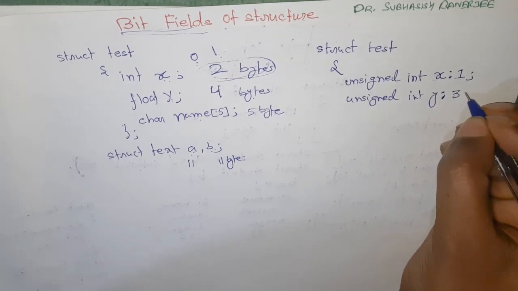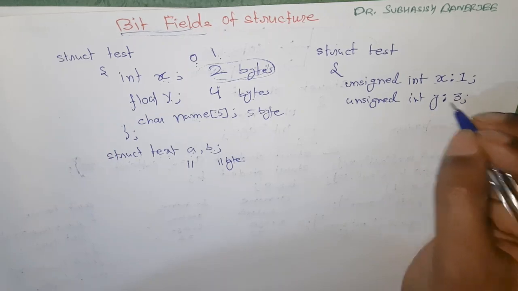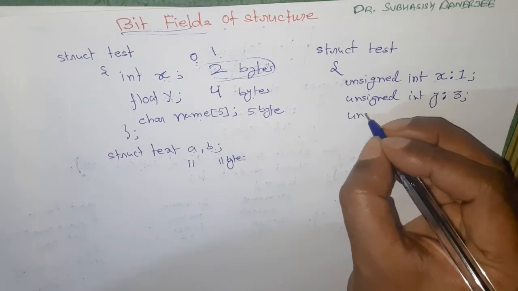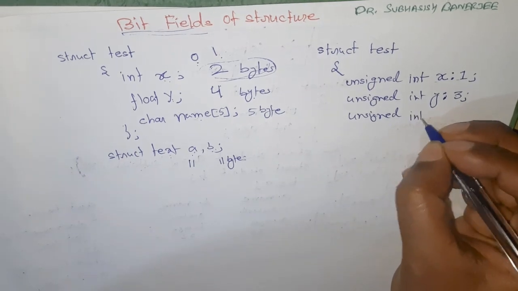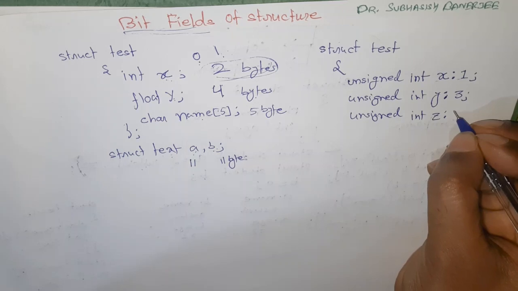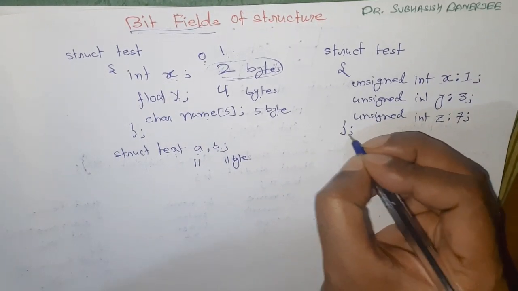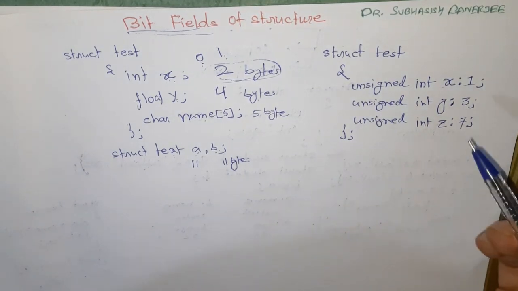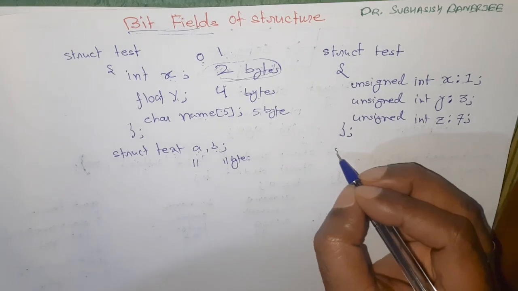Suppose 3 means we are allocating 3 bits against the variable y. Similarly, let's have unsigned int, suppose z, let's have suppose 7, and close it.